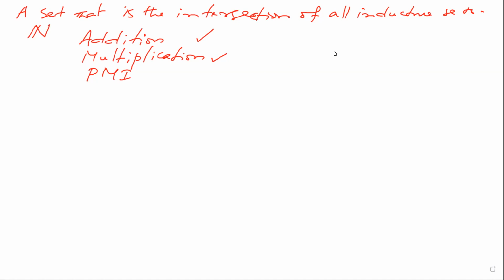For example, in a set of people, how can you have addition and multiplication of people? That is where this successor of a set comes in. Addition, and multiplication is actually addition.